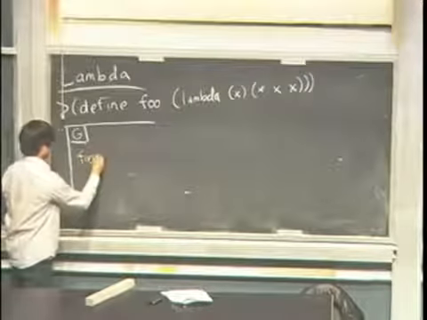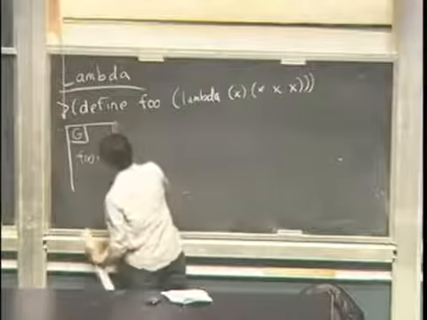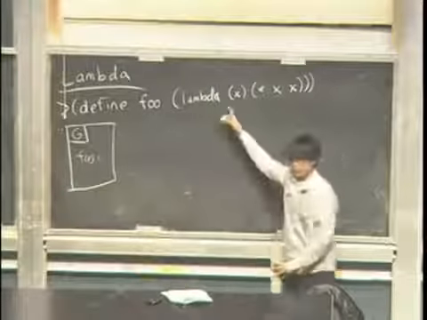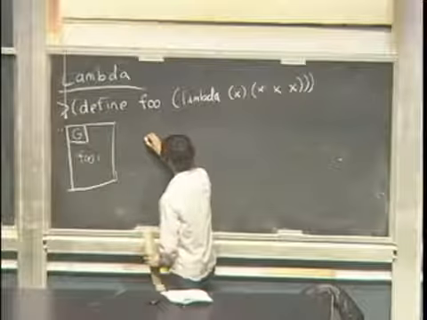Oh, okay. This box is too big now. And this thing is a lambda. And in the environment model, a lambda evaluates to this funny looking thing.